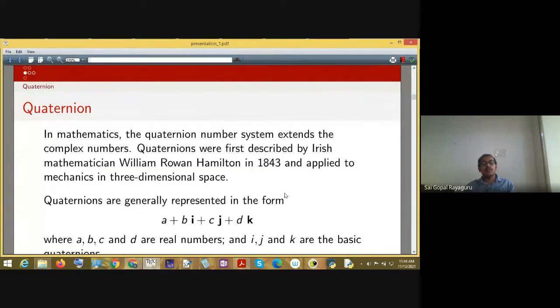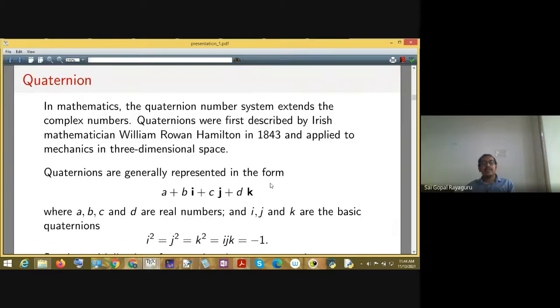So before going to the symbol elements, or to know what symbol algebra actually is, I would like to introduce what a quaternion is. Just as complex numbers are ordered pairs of real numbers, complex numbers generate a two-dimensional space over the reals, because they can be viewed as ordered pairs of two real numbers.